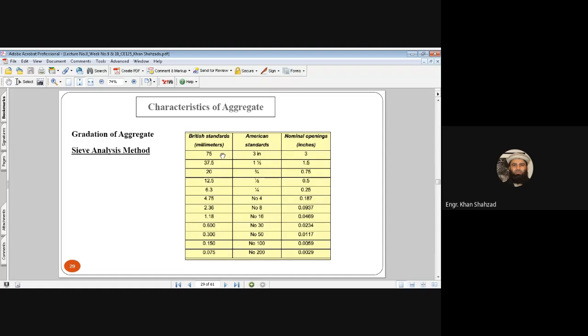So in this direction, or in this direction, in 1 linear inch, if you are measuring 1 inch, there will be four holes. Okay, this will not be in square inch, this will be in linear inch.